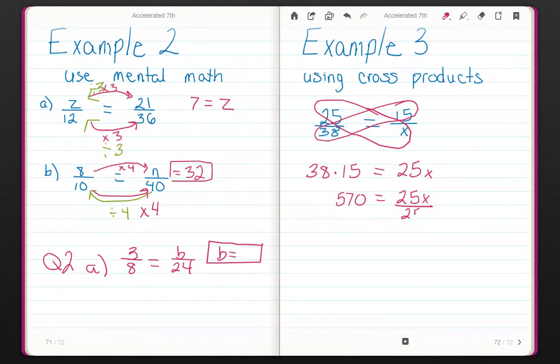Divide both sides by 25 to get x alone. And x equals 22.8. If you get a decimal, go ahead and round to the nearest tenth, unless it tells you otherwise.